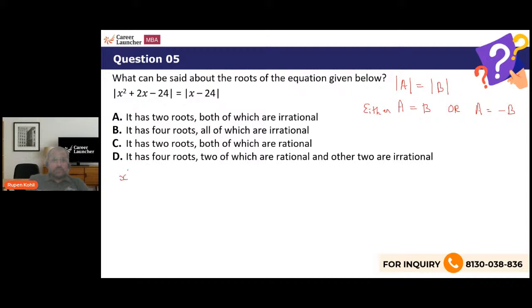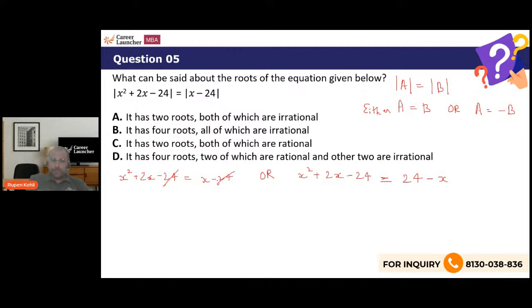So either x square plus 2x minus 24, this is case one, equals x minus 24 itself, or in the other case, x square plus 2x minus 24 equals the negative of x minus 24, which means 24 minus x. Let's simplify the first equation and see what happens.